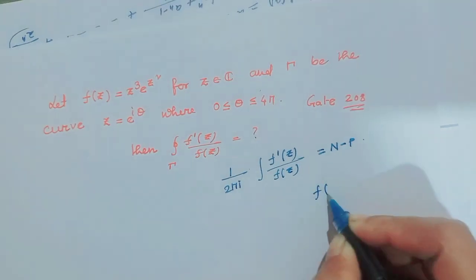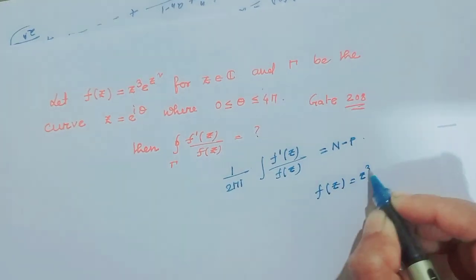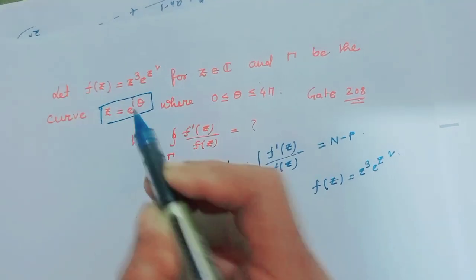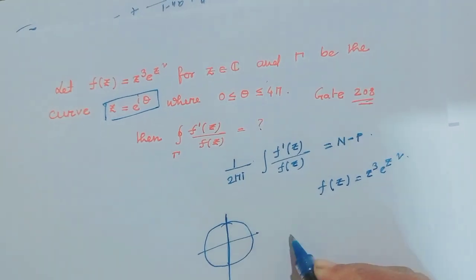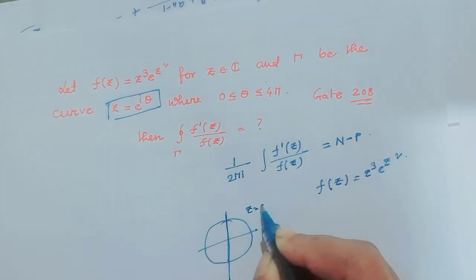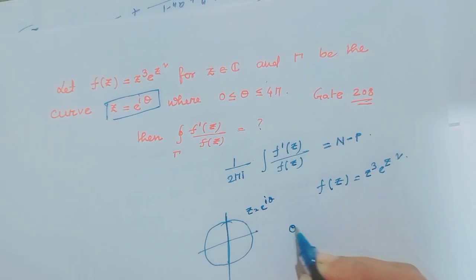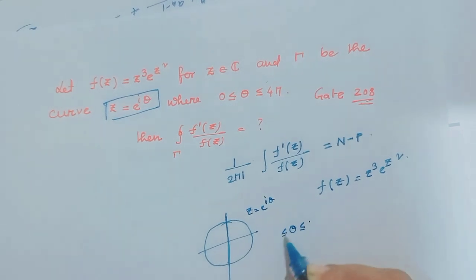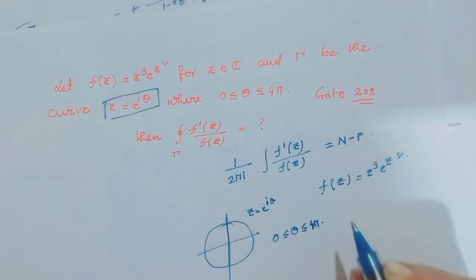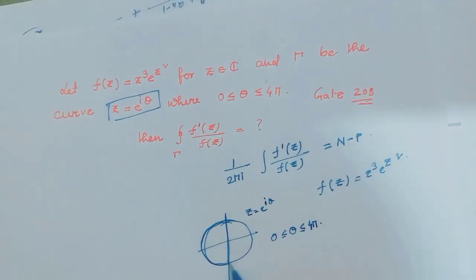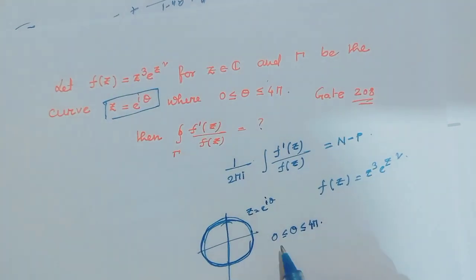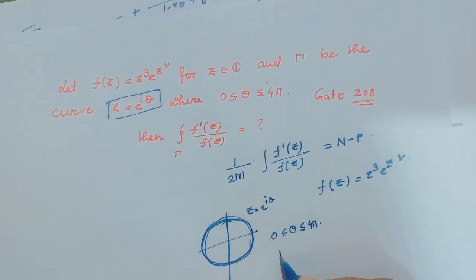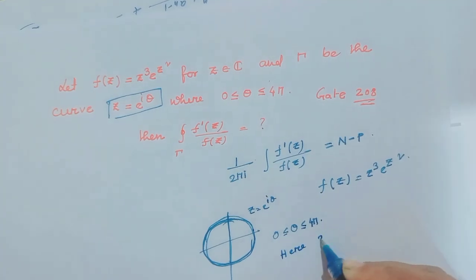Here given f z equal to z cube e to the power z square and gamma is z equal to e to the power i theta, that means the unit circle of radius 1, but theta lies between 0 to 4 pi. That means the rotation is 0 to 2 pi, then again 0 to 2 pi. That means here 2 rotations.